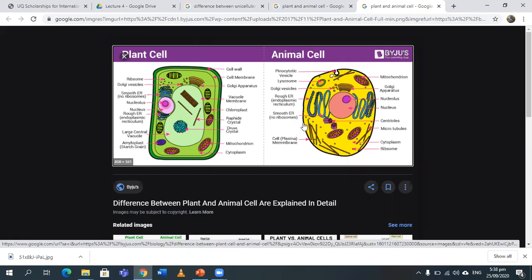और सेल मेम्ब्रेन के अंदर ऑर्गेनाइज्ड फॉर्म में आपको मिलेंगे साइटोप्लाज़्म. This yellow part is the cytoplasm, a liquid form. और इसमें आपके सेल के जितने भी डिफरेंट ऑर्गेनेल्स हैं वो आपको नज़र आएंगे. अच्छा, अब न्यूक्लियस भी.